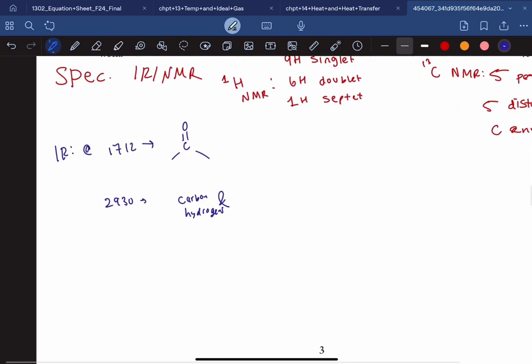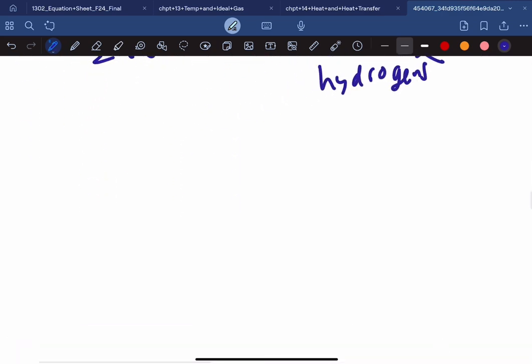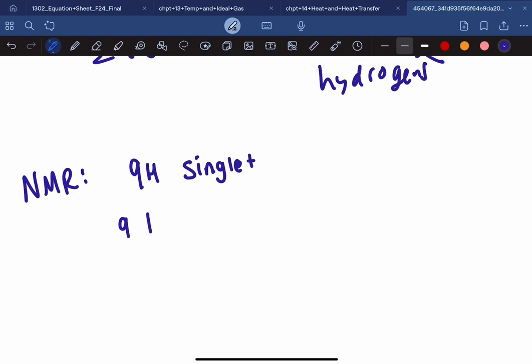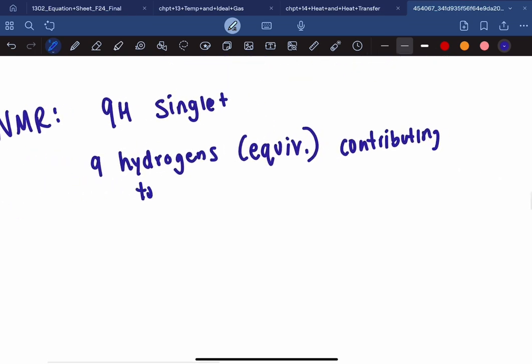NMR is telling you we have a 9H singlet and a 6H doublet. So for the 9H singlet, what does this mean? It means you have 9 equivalent hydrogens contributing to a singlet. Now we have to break down what a singlet is.